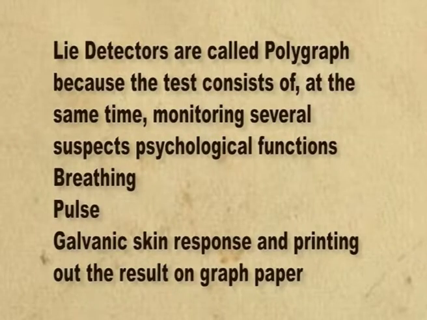Lie detectors are called polygraphs because the test consists of, at the same time, monitoring several of a suspect's physiological functions, that is, breathing, pulse and galvanic skin response, and printing out the result on graph paper. The printout shows exactly when during the questioning period the biologic responses occurred.